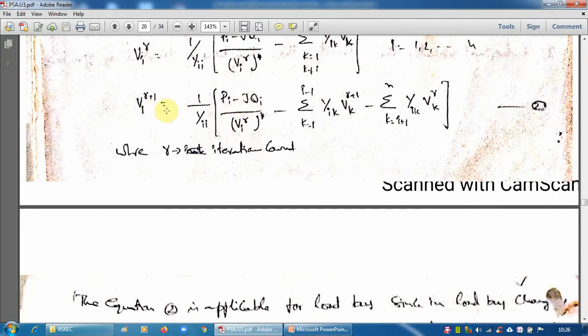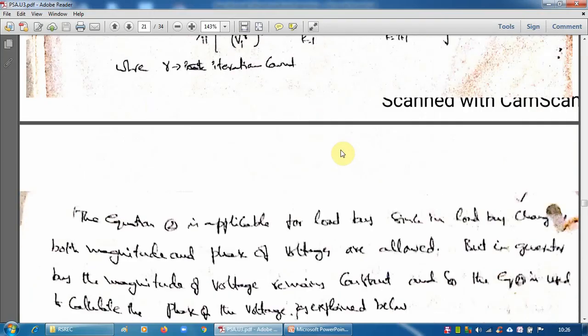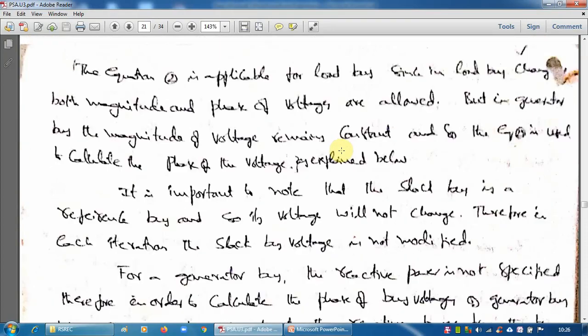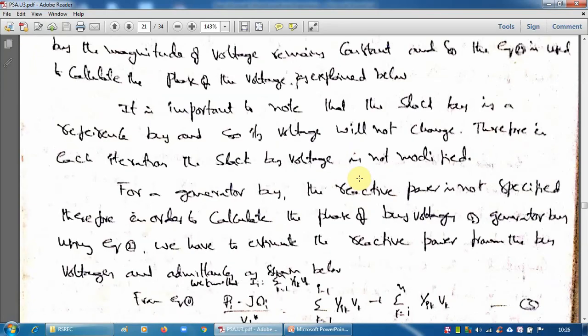So the method of calculation of all voltages and angles using this equation, as I explained till now, is applicable for load buses only. If there are any generator buses, for example, if one particular bus is generator bus, then the procedure will be slightly different.